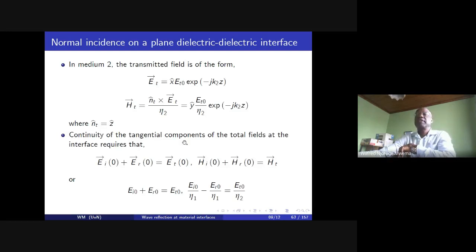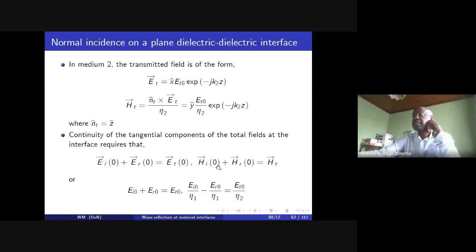So the continuity of the tangential component of the total fields at the interface will therefore require that the incident electric field intensity plus the reflected electric field intensity must be equal to the transmitted electric field intensity. And it's not for every point of z, but just at the interface. That's all we require, just at the interface where we are saying z is equal to 0.